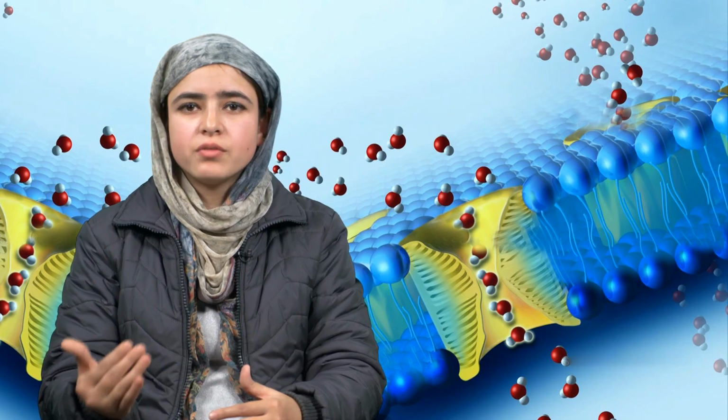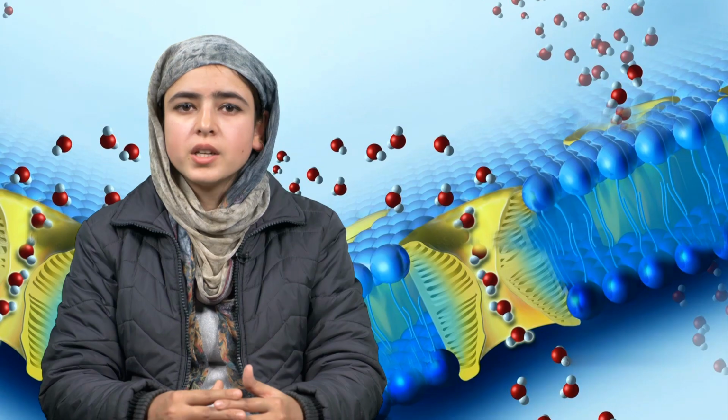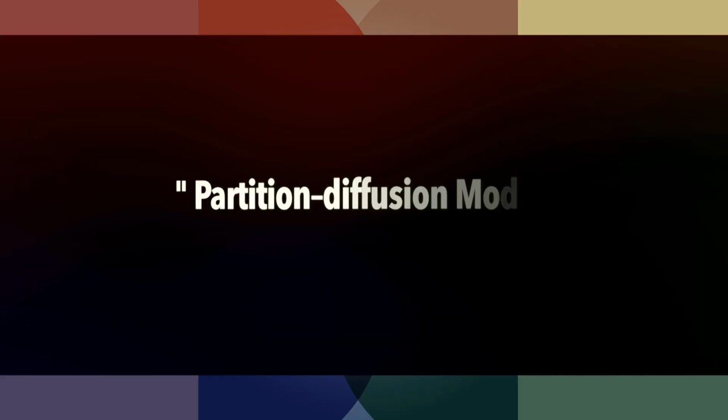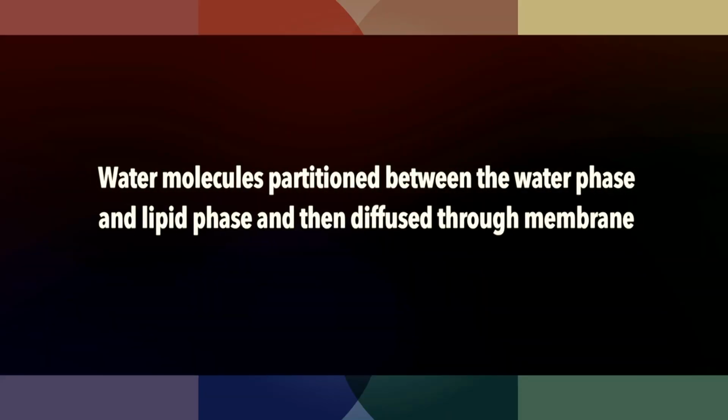In the late 1950s, Solomon and his co-workers performed pioneering work on water permeability across the cell membranes. In the mid-1960s, an alternative hypothesis, the partition diffusion model, sought to establish that the water molecules partitioned between the water phase and the lipid phase and then diffused through the membrane.